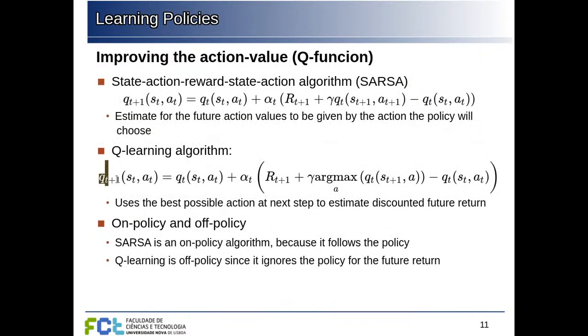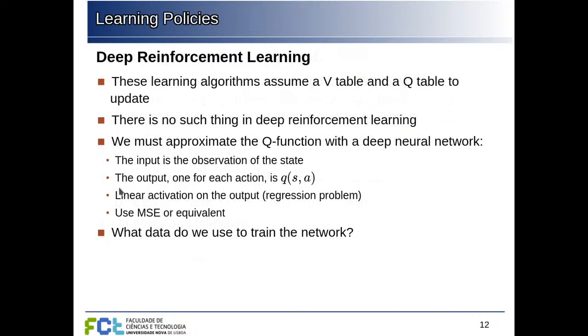We want the output of the neuron for action A at state S to be as close as possible to the optimal action value function, so the optimal Q function for that action at that particular state. So we need a linear activation, and we can use, for example, mean squared error or something equivalent. We'll see in the example there are some better options, but the idea is to try to minimize the error between what the optimal value should be and the value we are outputting from the network.